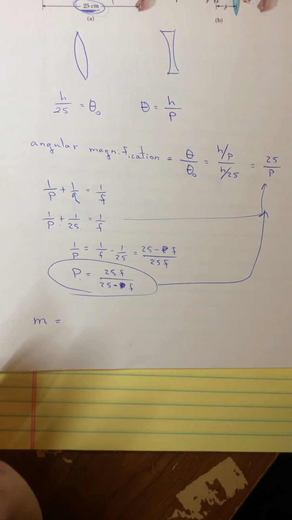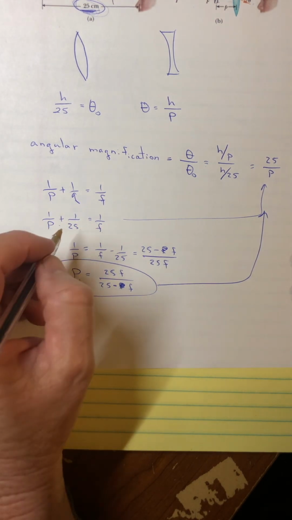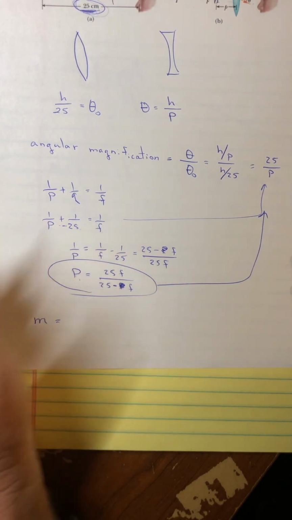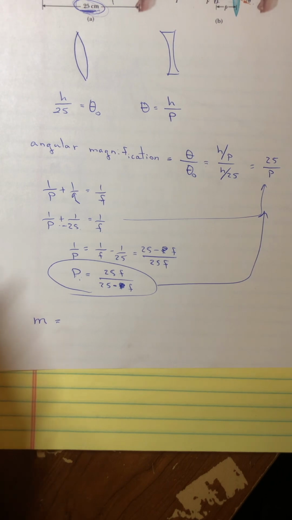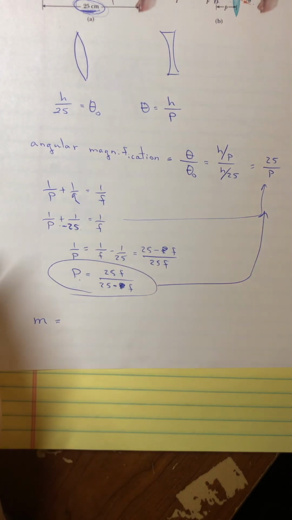Shoot. This is a negative number, and so I should have put negative 25. There's my mistake.